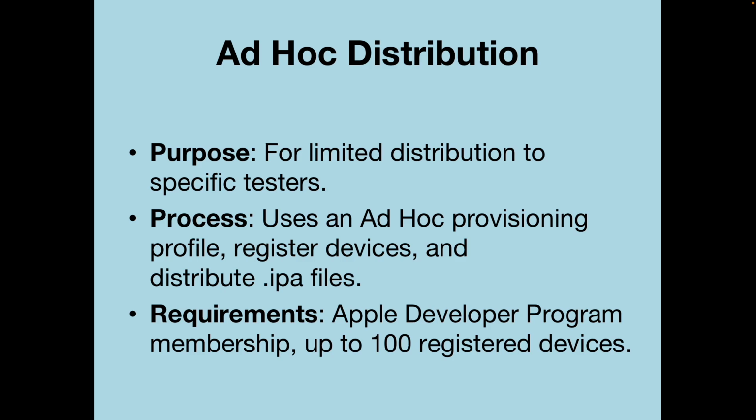This method allows developers to distribute their app to up to 100 devices for testing without publishing it on the App Store. Devices must be registered in the developer account using their UDID. So it's a great way to test apps with a small or controlled audience.